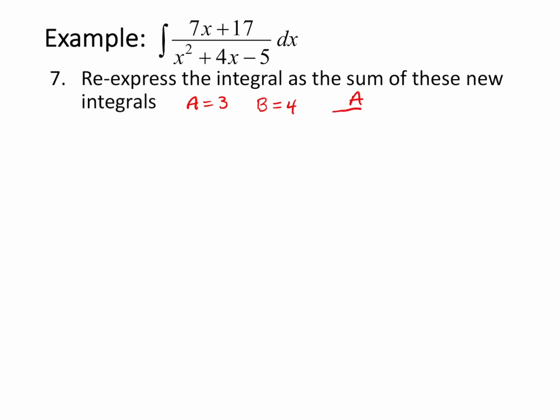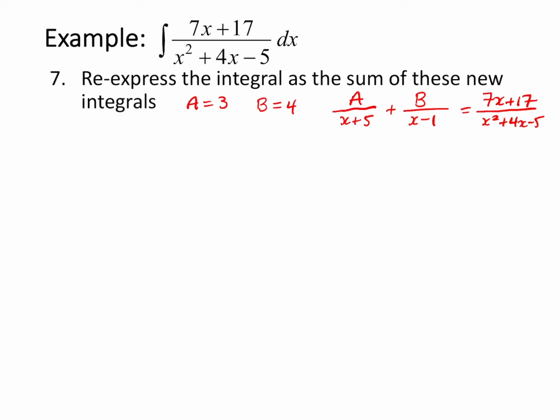And our two fractions were a over x plus 5 plus b over x minus 1 is equal to the 7x plus 17 over the x squared plus 4x minus 5.